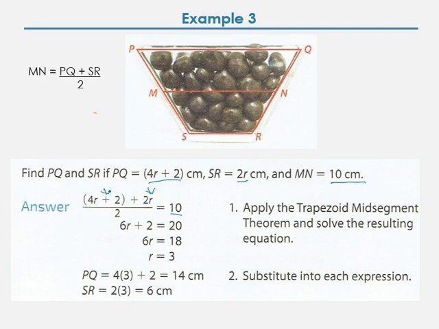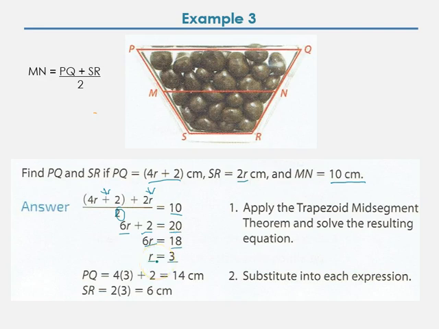So 4r plus 2r is 6r. We have 2 left over plus 2. And if you multiply both sides by 2 to undo this divisor, you will now have 20 on your other side. 6r equals 18. 18 divided by 6 is 3.